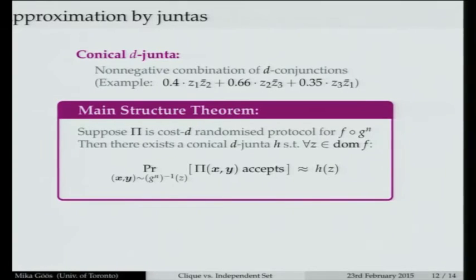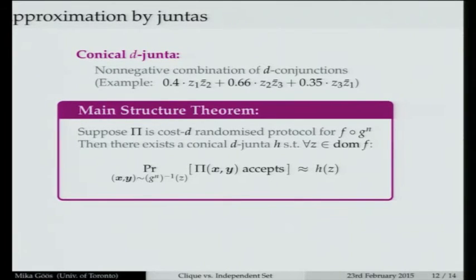The protocol gets these two-party encodings of z. So each z is encoded by the gadgets, and for each z there is this huge set of possible encodings. Each z might be encoded in exponentially many different ways.